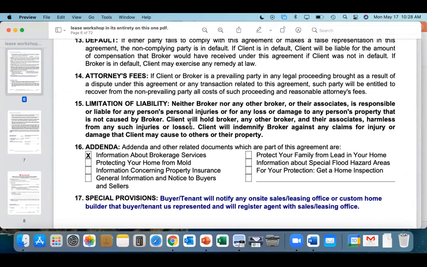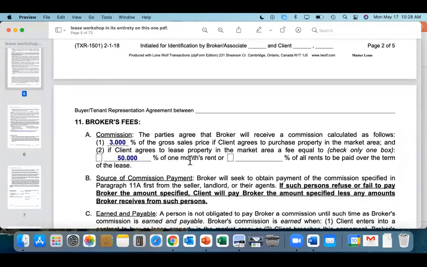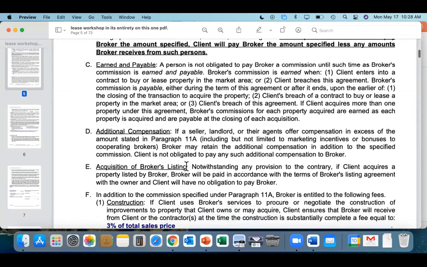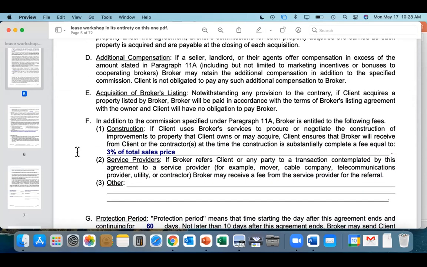Going up where it says 3% of the purchase price. No, go down. It's a paragraph past this. Keep going down. There, paragraph F. Usually I just put NA there. I've never really focused on that.